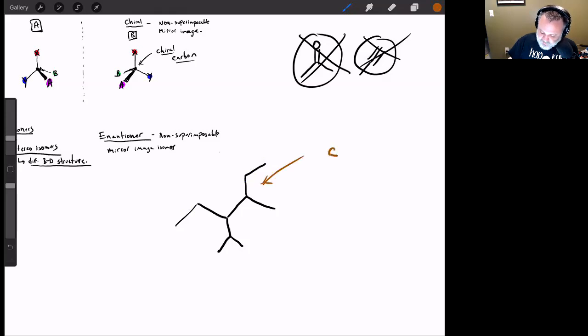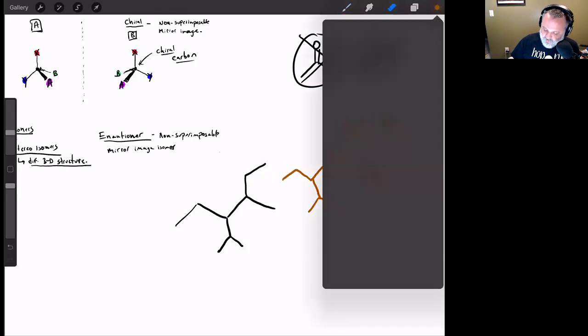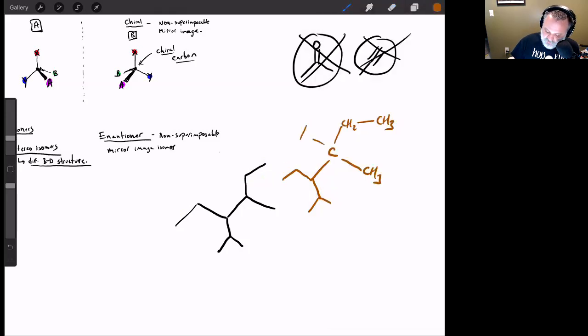What is that carbon connected to? Well, on one side, it's connected to a CH3 group. On the other side, it's connected to a CH2, CH3. And on the other side, it's connected to a much larger chain. And I'm not going to draw out the condensed structure in this case. What's the 4th group that it's connected to that's not shown, of course? It's a hydrogen.